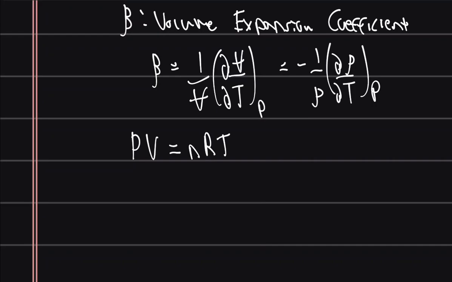And then we're going to actually say that volume, I'm going to use this V, just to not get confused with velocity or something. So volume is mass over density.